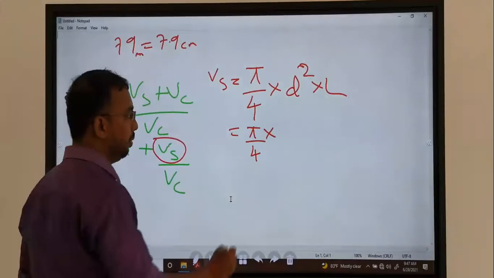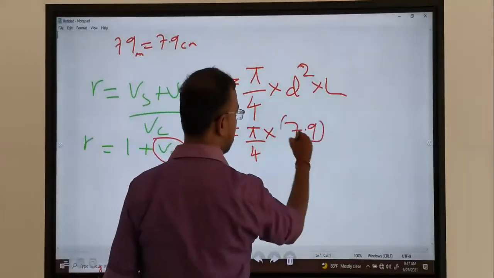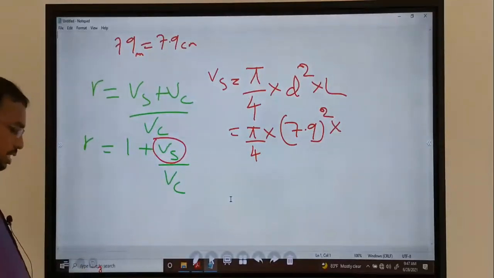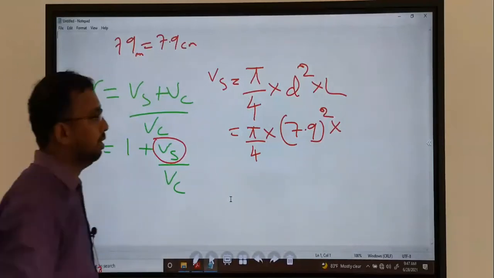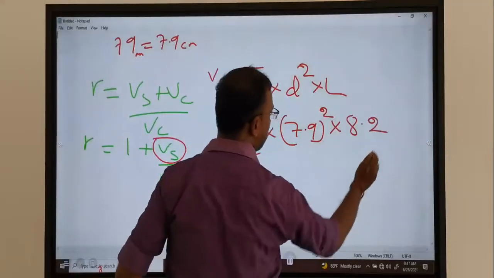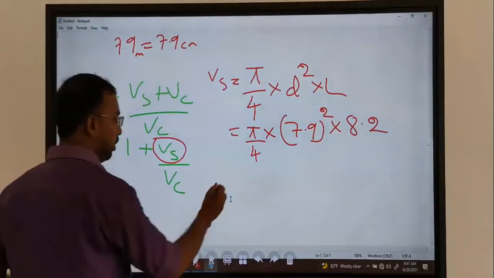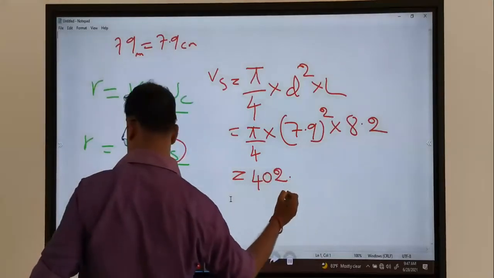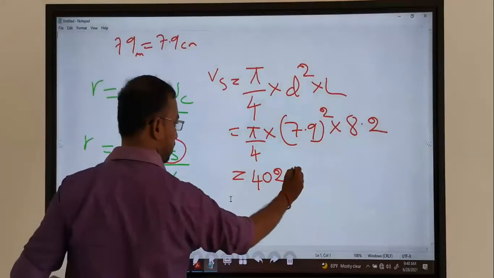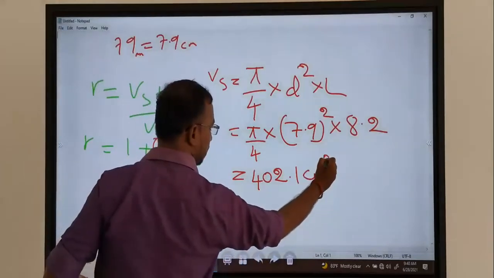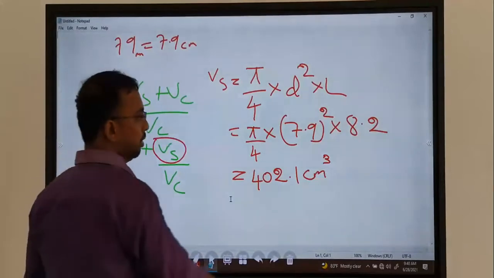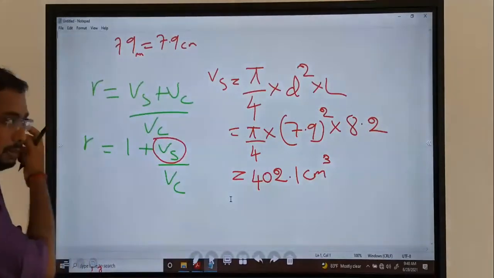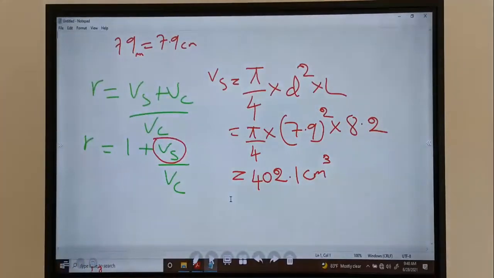So I put 7.9 squared into L, which is 8.2. The answer is in centimeter cube. Why centimeter cube? Because it is squared and then multiplied by length, so cube.